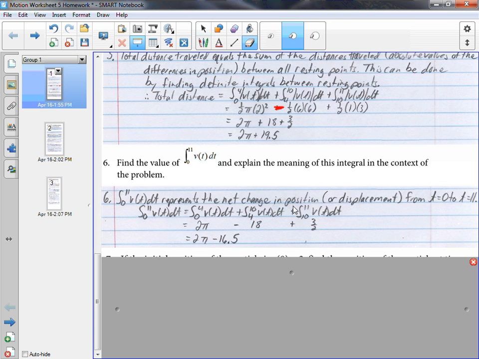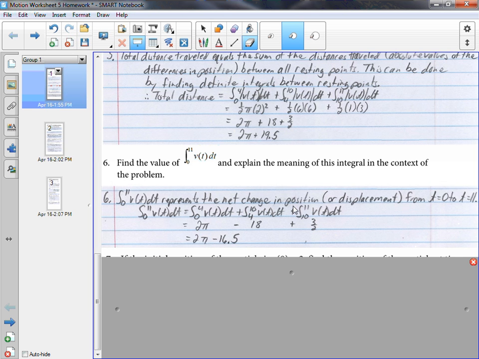As you're writing that, let me remind you that those two integrals accumulate two slightly different things. The one with the absolute value of velocity, or how about we just call it speed, because that's what absolute value of velocity is, is accumulating changes in position, but they're always positive, or at least non-negative. So it doesn't give us the amount of change. It gives us the amount of distance traveled.